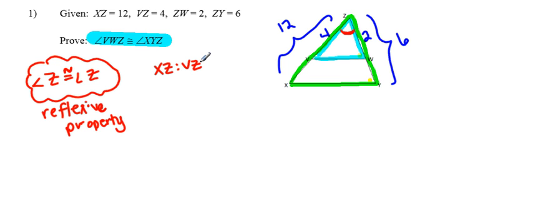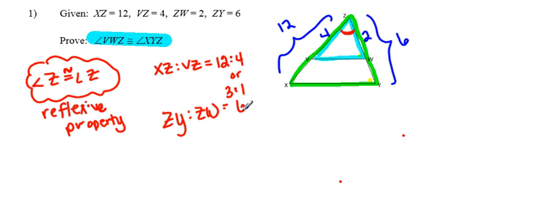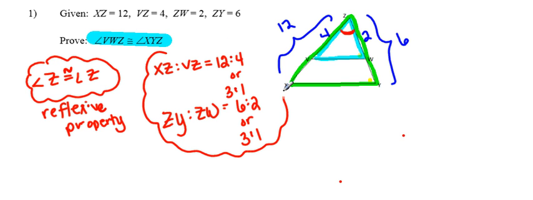So the ratio of XZ to VZ is going to be equal to 12 to 4, which is really the same thing as 3 to 1 when I simplify. And the ratio of ZY to ZW is 6 to 2, which is really the same thing as 3 to 1 when I simplify. So I substituted in numbers for side lengths. That's simple substitution.